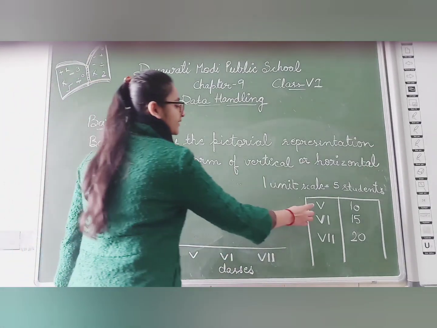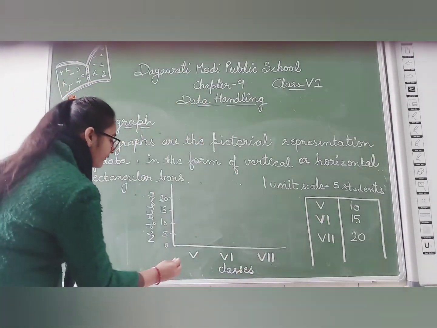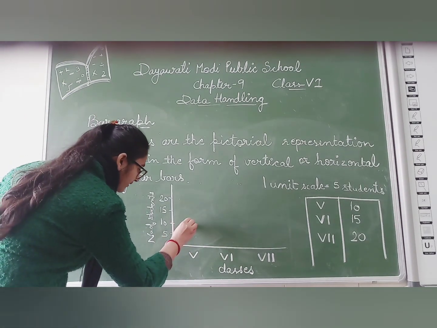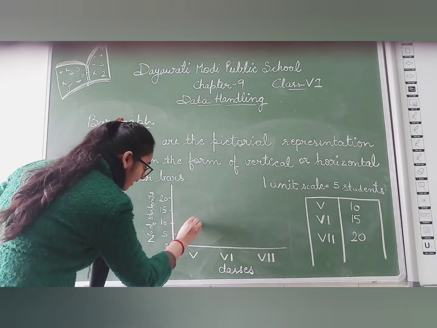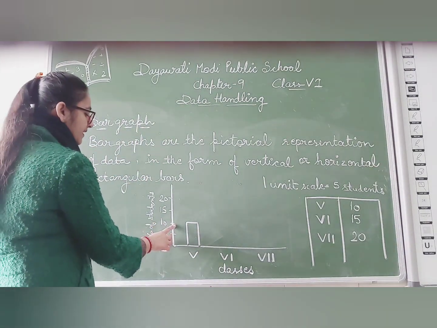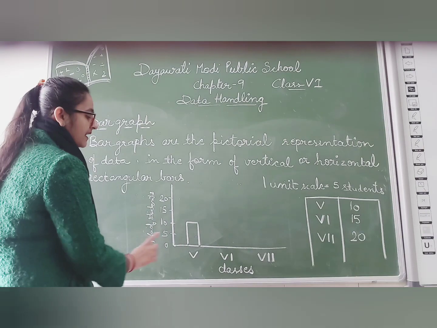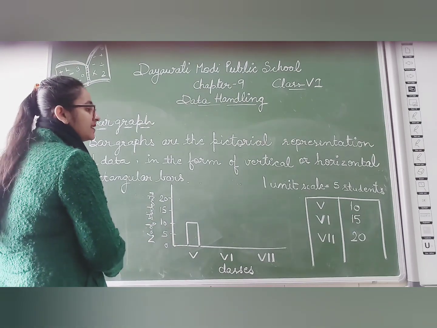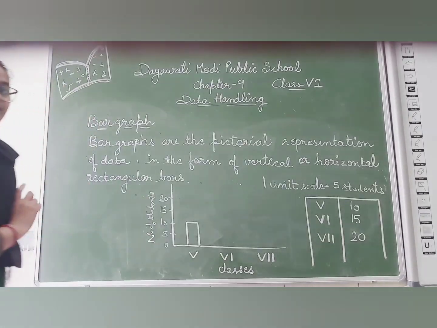Now in class 5 there are 10 students, so we will draw 10 as a rectangular bar. We will draw 10 students with the help of this rectangular bar, and this rectangular bar is vertical.